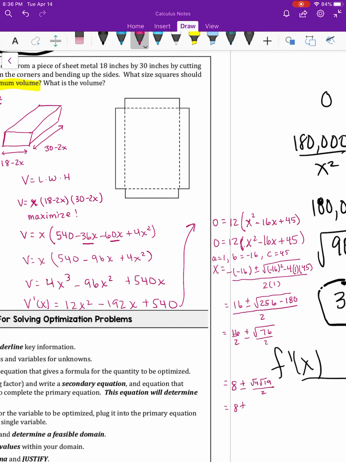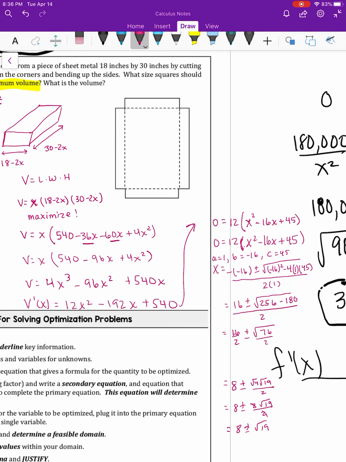So this becomes 8 plus or minus, and if it's divisible by 4, it's 4 times 19. Then the square root of 4 times the square root of 19 is 2 root 19 over 2, and the 2's are going to cancel. So this is going to be 8 plus or minus the square root of 19.